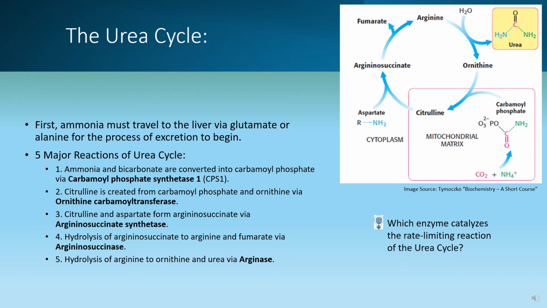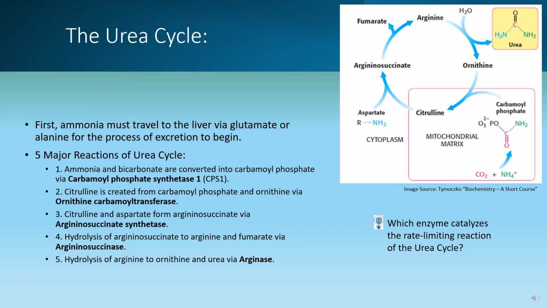Next is the creation of citrulline from carbamoyl phosphate and ornithine, followed by the creation of argininosuccinate from citrulline and aspartate. The next reaction is the hydrolysis of argininosuccinate to arginine and fumarate. And finally, the hydrolysis of arginine to urea and ornithine. Urea is excreted and ornithine is recycled.